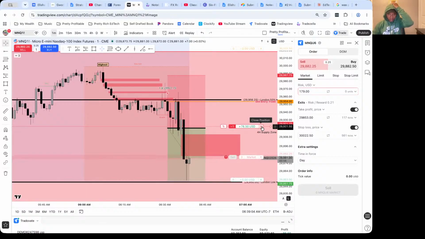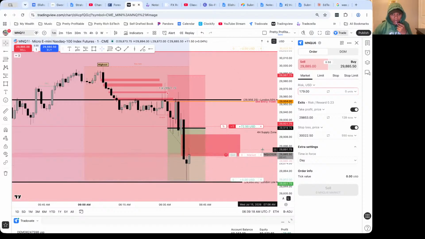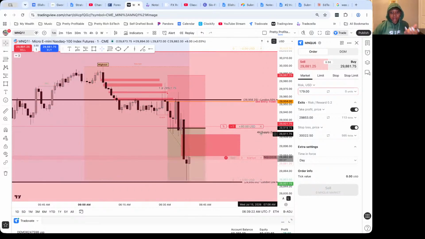See this? It's like, dang, it touched it though. I should have probably, okay, so it touched it, so I should have exited right there. So I should have got out right here, y'all, on this candle. Because it basically touched it, but it didn't. But it did, but it didn't.